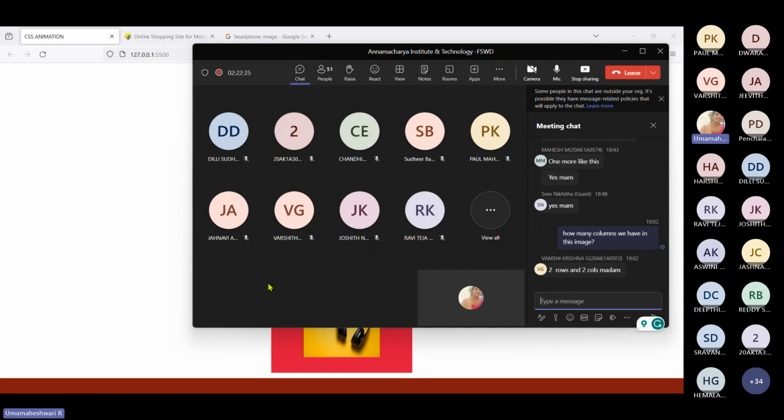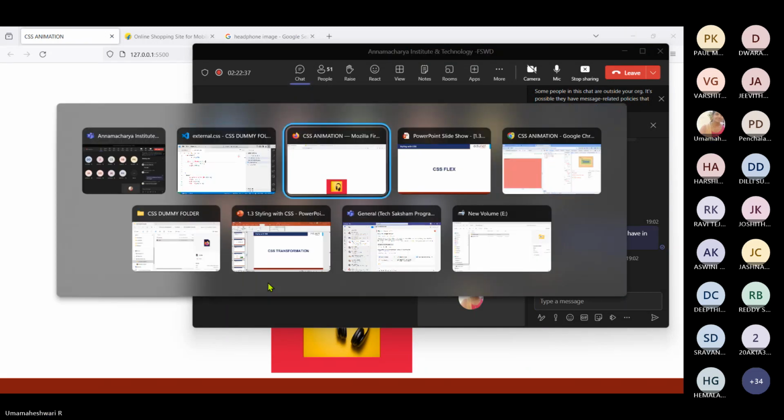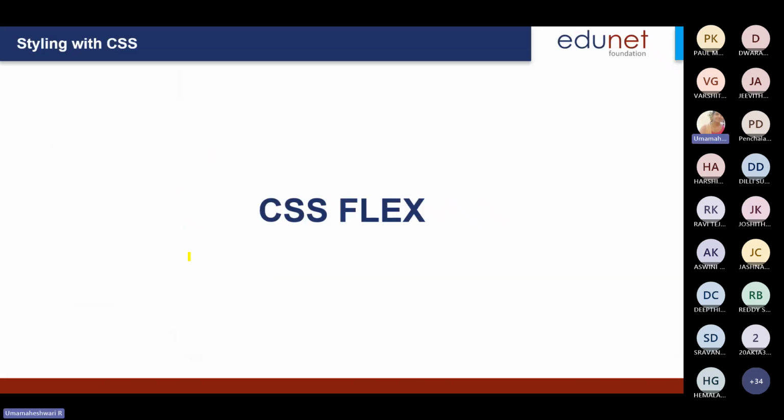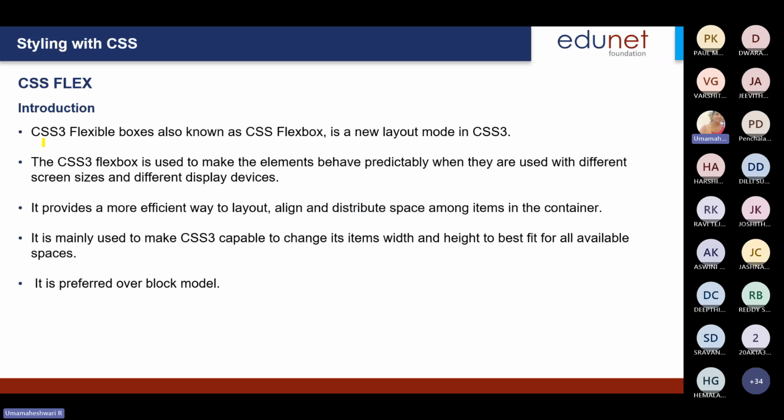So next we need to discuss CSS flex property. What are the important things? I'm just discussing that alone. CSS 3 flexible boxes are also known as CSS flexbox, a new layout mode in CSS 3. CSS 3 flexbox is used to make the elements behave predictably when they are used with different screen sizes and different display devices.